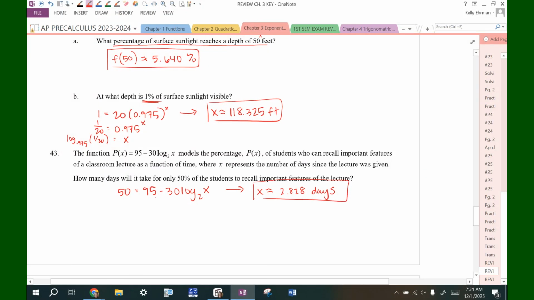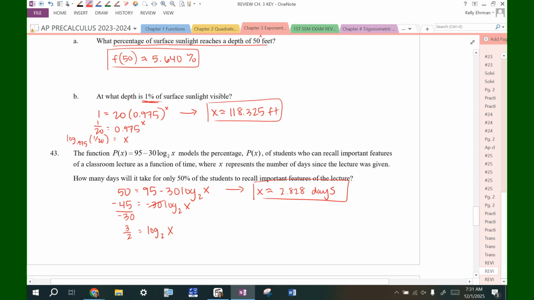What if I were solving algebraically? So I would subtract 95, which is negative 45, divide by negative 30. See, I can divide by negative 15 here, so that's 3 over 2. You don't have to reduce because you're using a calculator, but I just think it's easier.